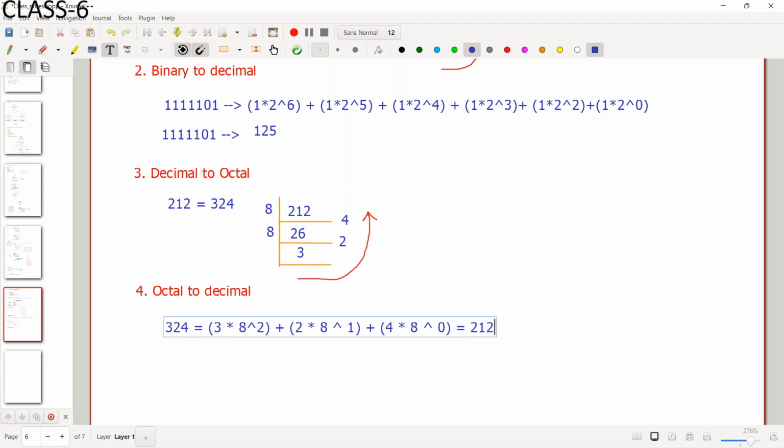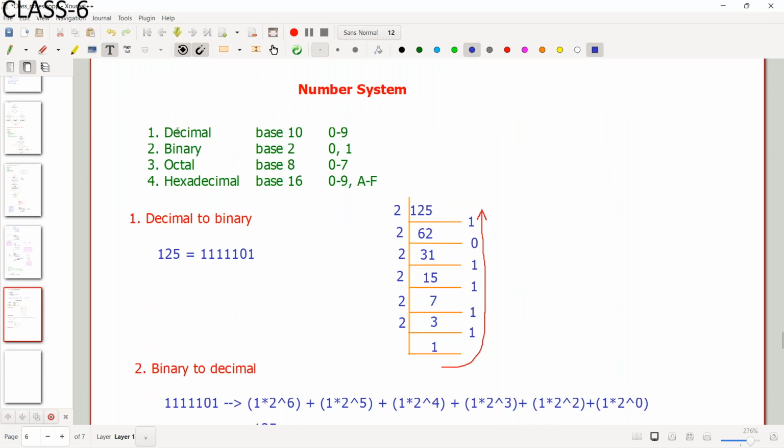So 324 in octal we have converted to decimal, that is 212. When we sum this up, surely that will be 212. Okay, so that is the second type, decimal to octal and octal to decimal.